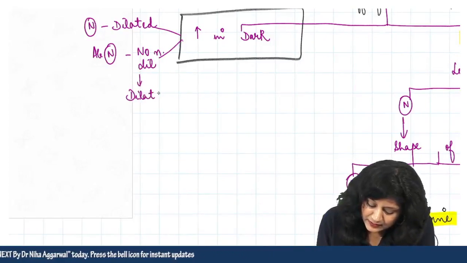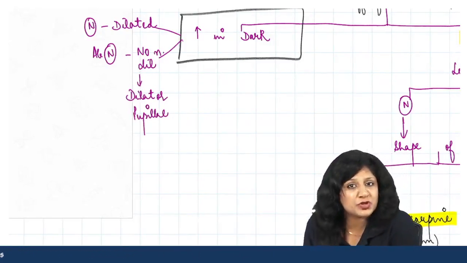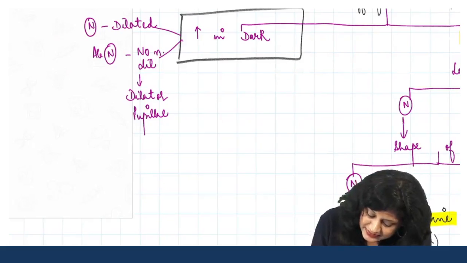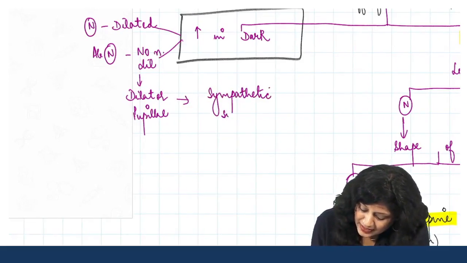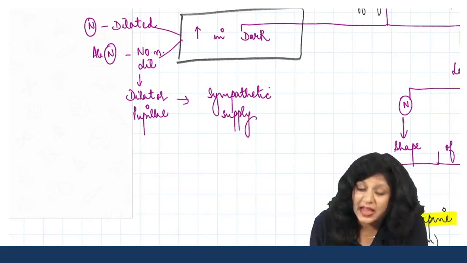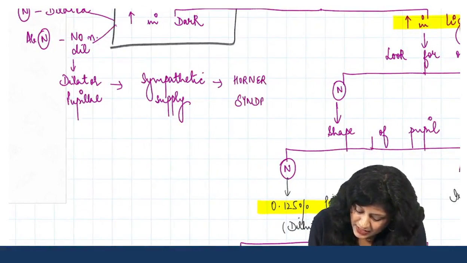What is the dilator pupillae muscle? The dilator pupillae muscle is the muscle responsible for the dilatation of the pupil, and this is supplied by the sympathetic supply. This sympathetic supply is inhibited, paralyzed, in Horner syndrome. Therefore, in this person we are suspecting Horner syndrome.